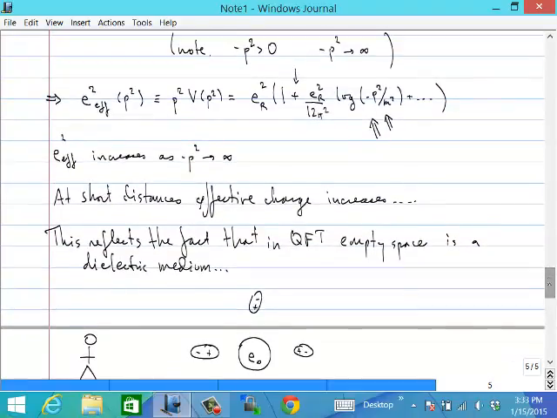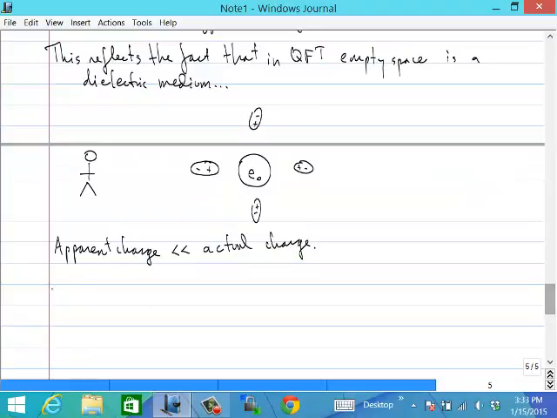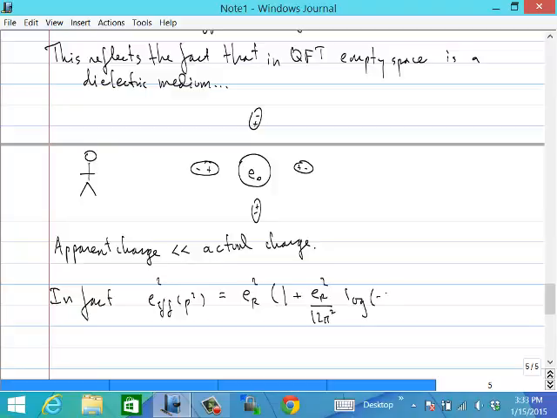So let me make one more comment about this formula. The effective charge, what was that? That was the renormalized charge times 1 plus the renormalized charge over 12 pi squared times log of minus p squared over m squared, plus higher order corrections.